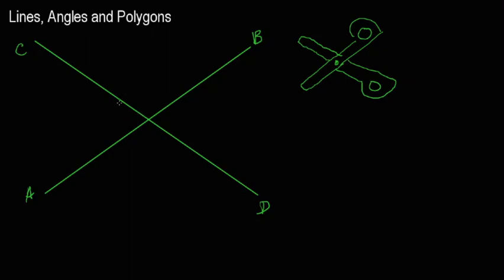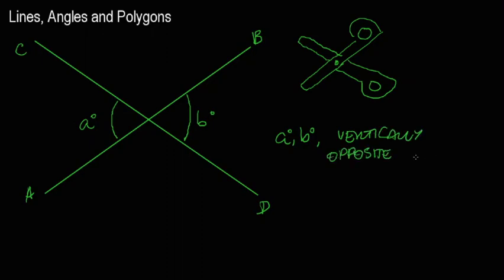Well, first of all, we notice that this angle here, I'll call it angle A, will always be equal to this angle which is opposite to it. And we have some names for that. So if I call this B, they are the same value, and I could state that A and B are what we call vertically opposite angles.